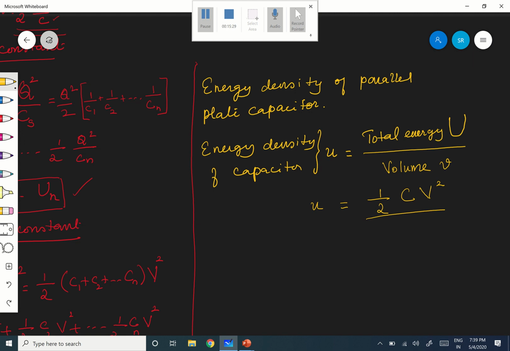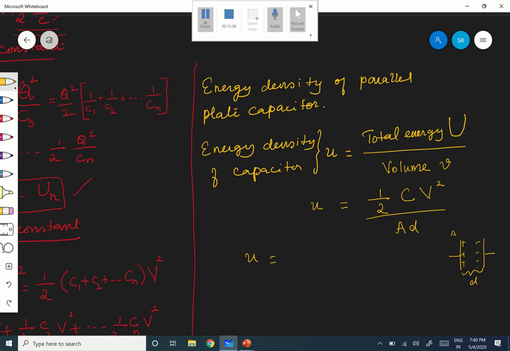For a parallel plate capacitor, A is the area of the plates and D is the distance of separation between the plates. The volume is AD, correct?